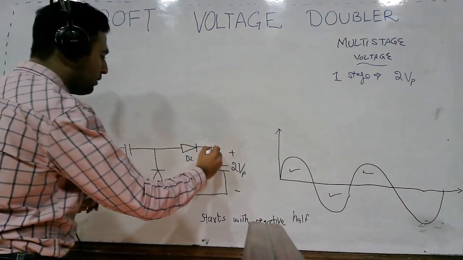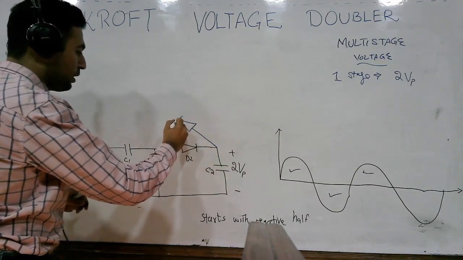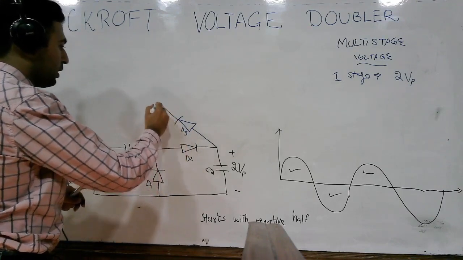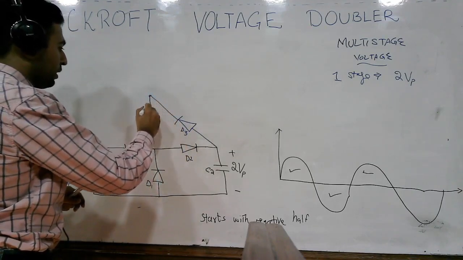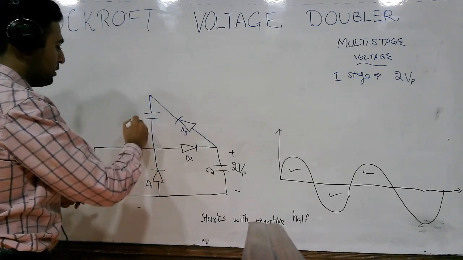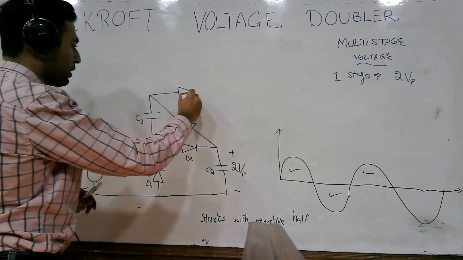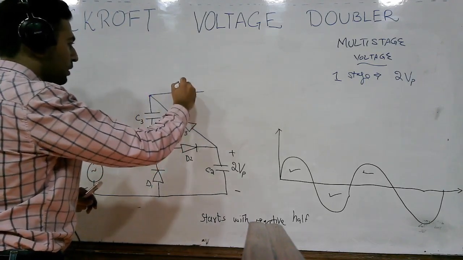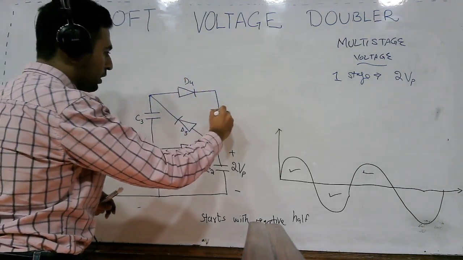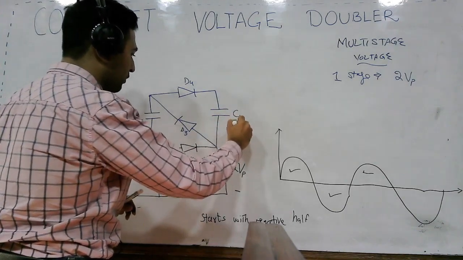Here we have another diode named D3, and here we have another capacitor named C3, another diode D4, and another capacitor which is C4.